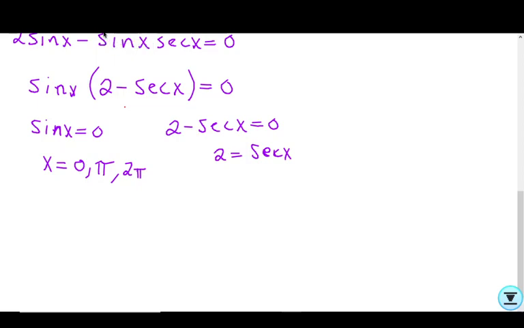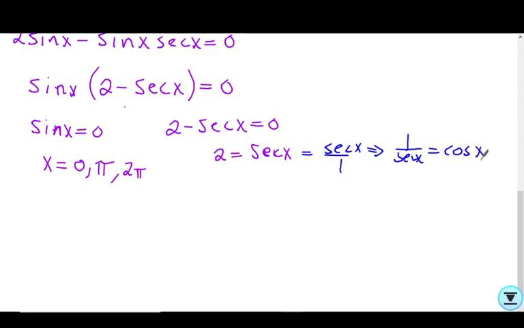And I can do anything I want to both sides, as long as I do it to both sides. Okay? So to change secant to cosine, I'm going to take the reciprocal of both sides. So basically what I'm saying is I'm going to change this to secant over 1 and take the reciprocal, which is 1 over secant, which is cosine. That's what I'm going to do.